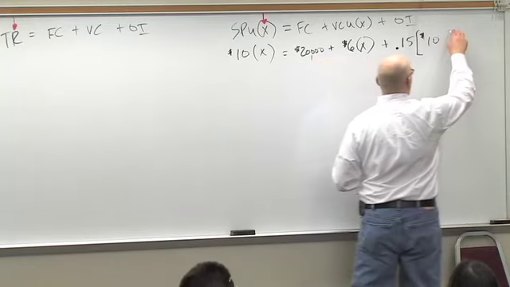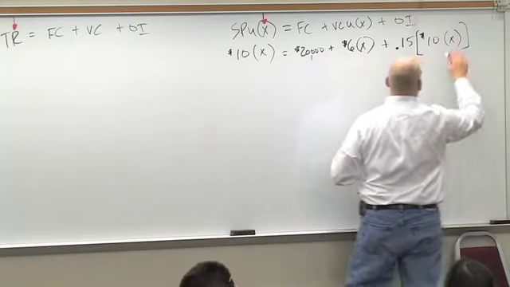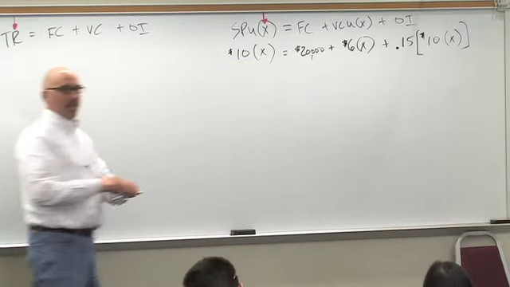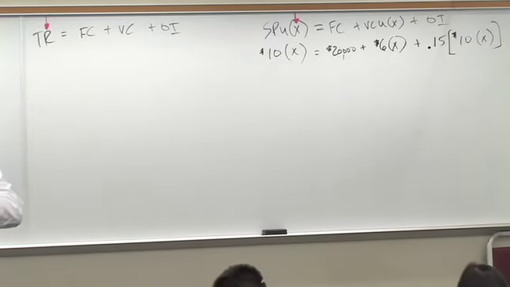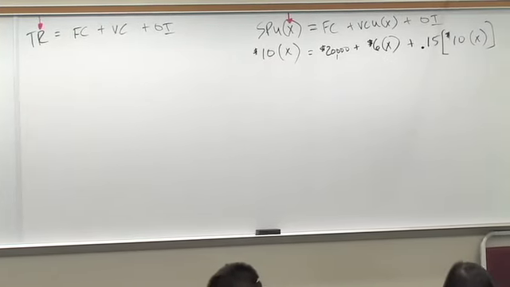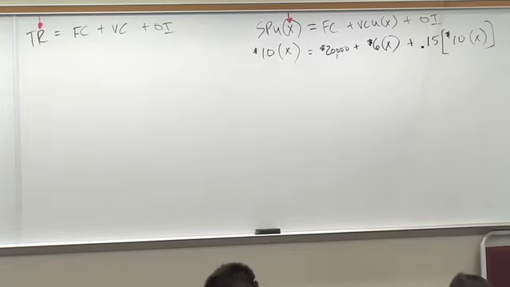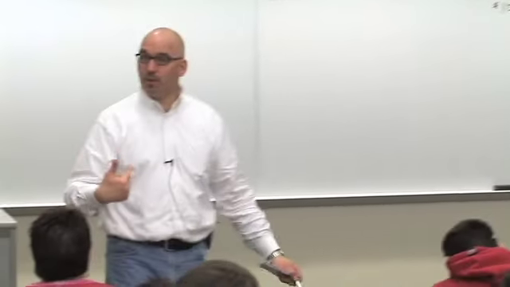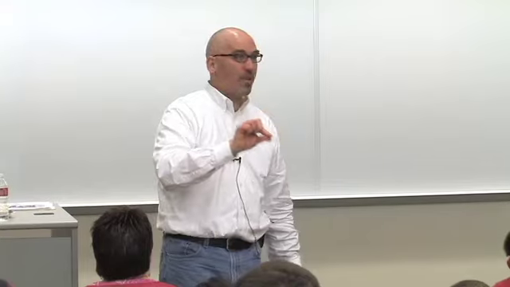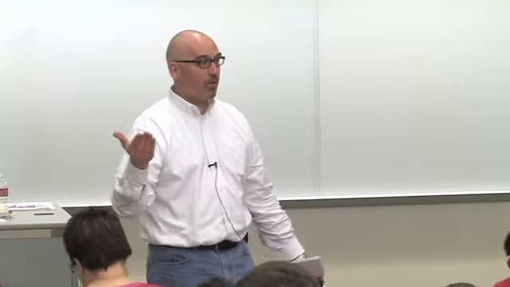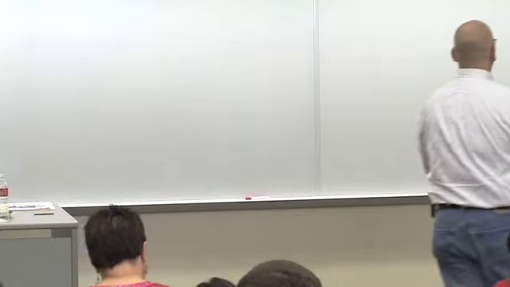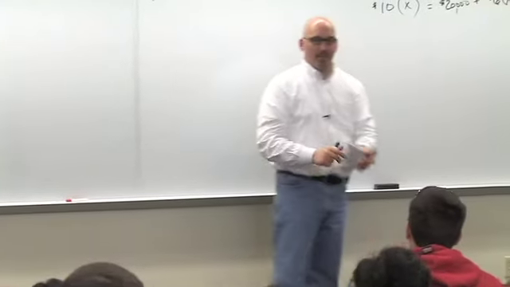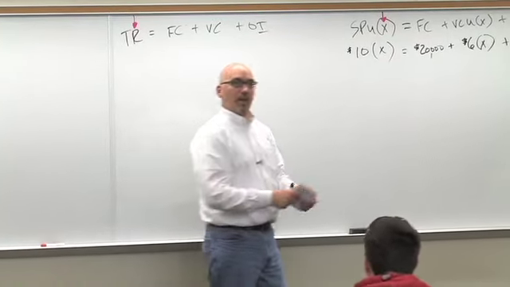X. That's it. Because we want 15% of what? And the problem says 15% of what? Revenue. How do we calculate revenue? Selling price per unit times number of units sold. So now it becomes algebra, okay? On your mark, get set, go.